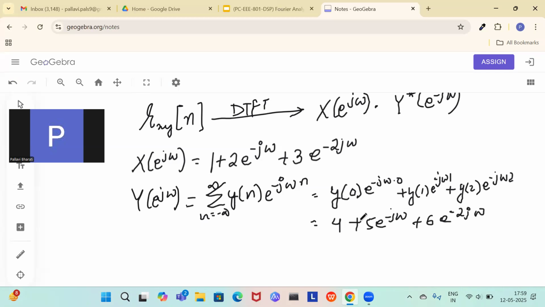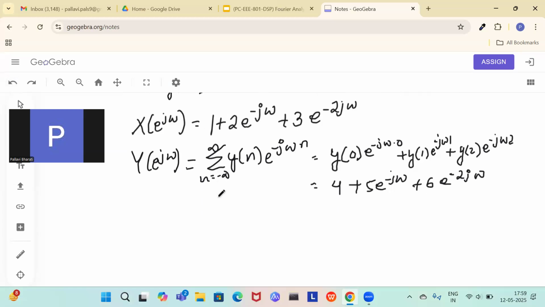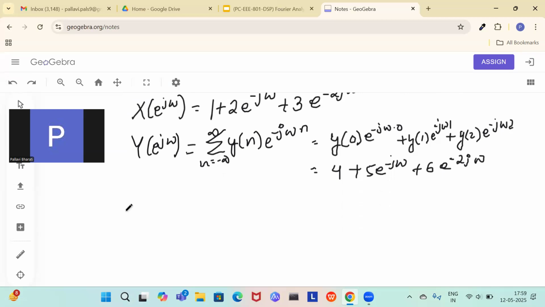Now for doing this, first take out Y of e to the power of minus j omega, and then we will do the conjugation of that. Fine. So if you find Y star of e to the power of minus j omega, this is what you need to find out.